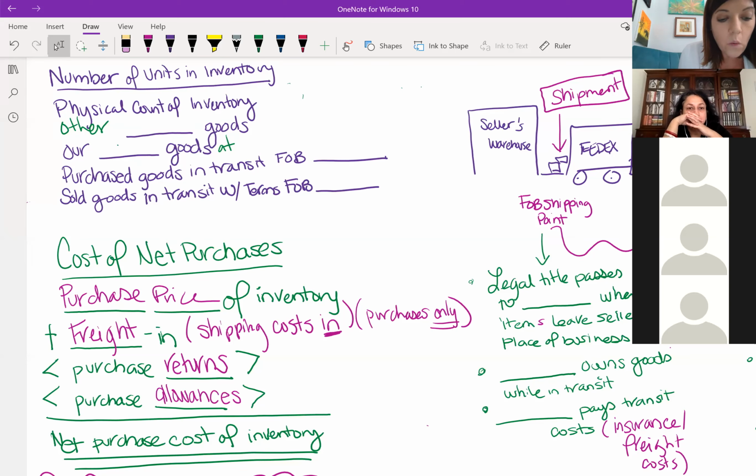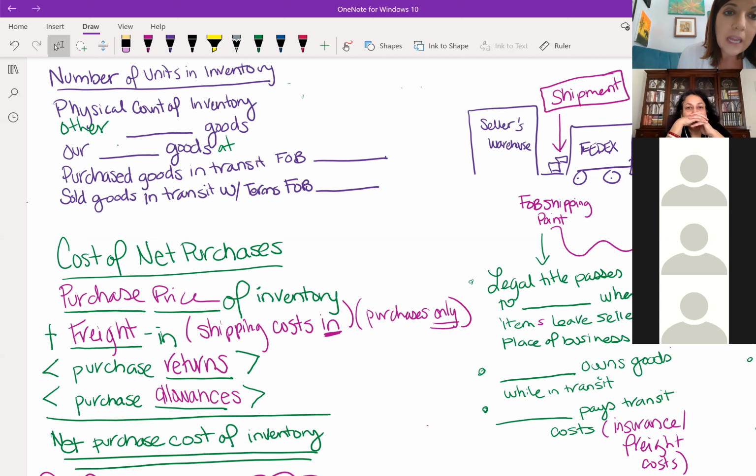And then we may know that we have some other items that are on hand that are not actually ours. So some of the units that are on hand in the physical inventory count are not owned by our company. They're owned by another company.